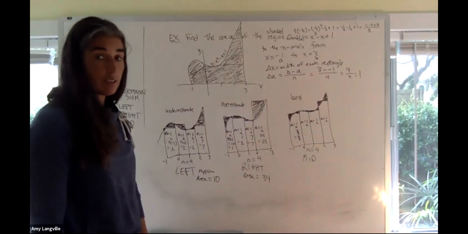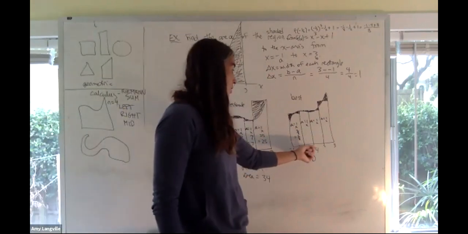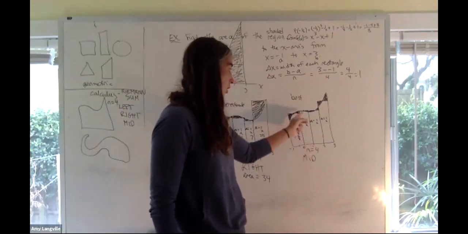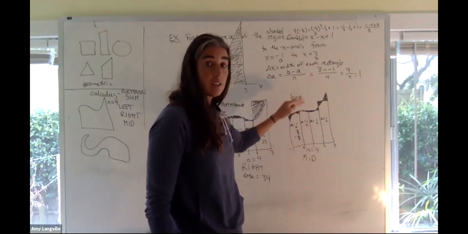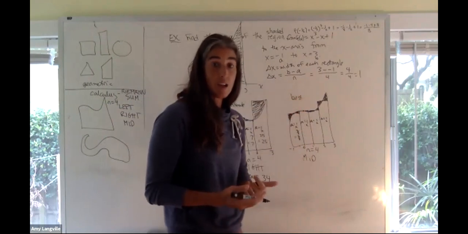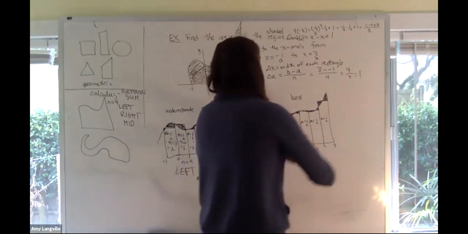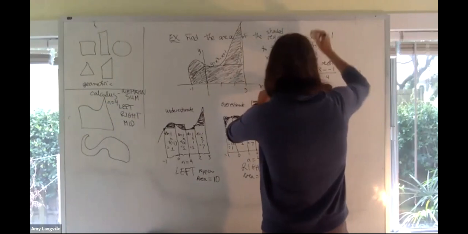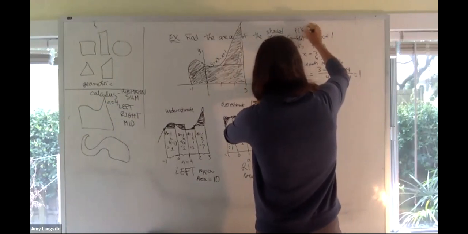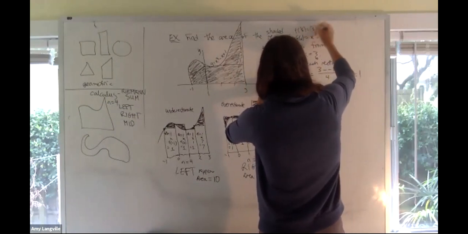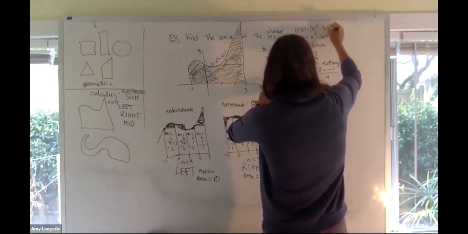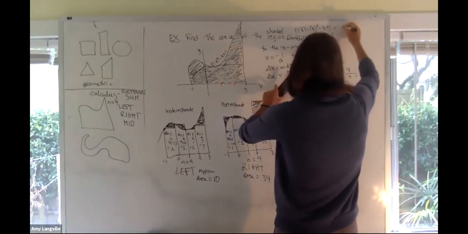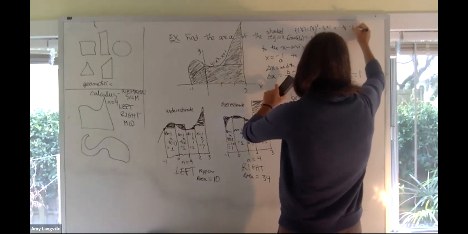The second rectangle, we went halfway between 0 and 1, which is a half, and went up to the function. That height is an f value, so we need to get f of 1/2. So come back up here, do a little bit more arithmetic. F of 1/2 is 1/2 cubed, which is 1/8, minus 1/2 plus 1.